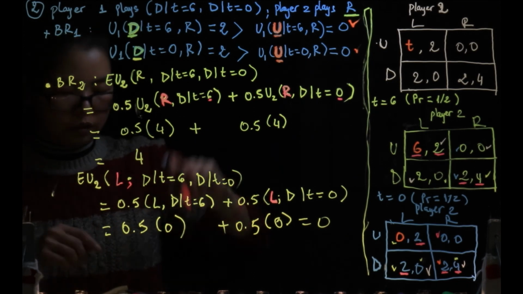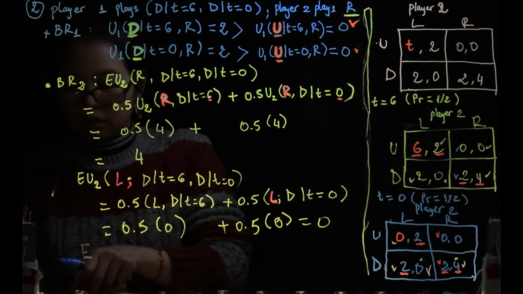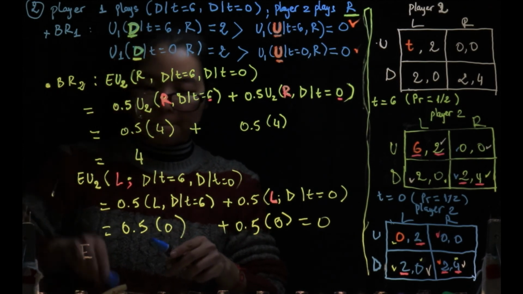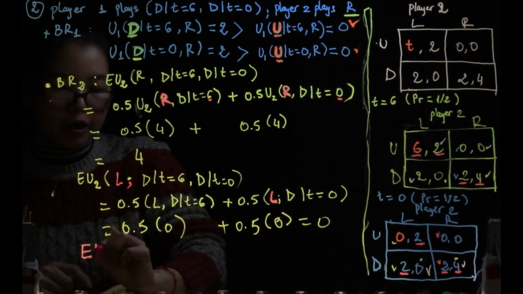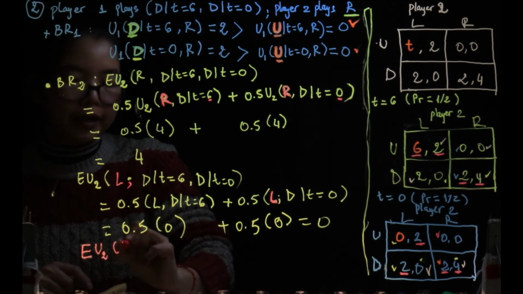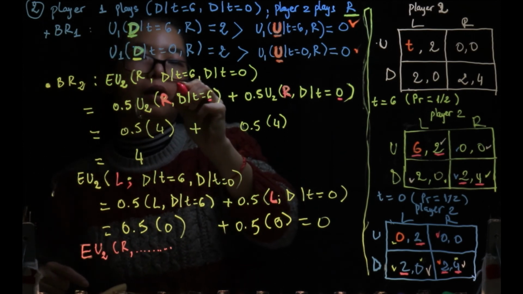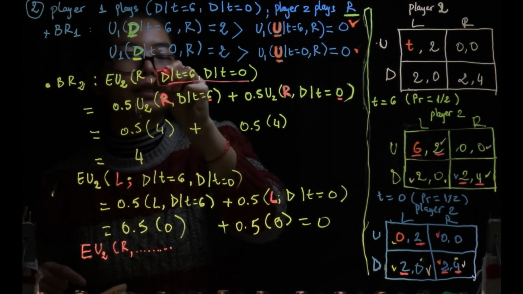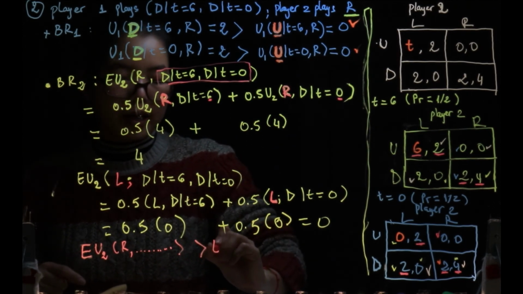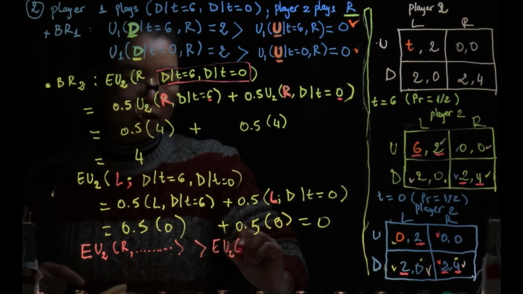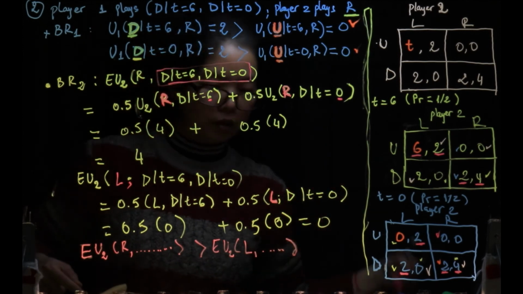Therefore, we can conclude that the expected payoff of player 2 from playing right, given the same strategy of player 1, is larger than the expected payoff of him if he had played left, given the same strategy of the first player.